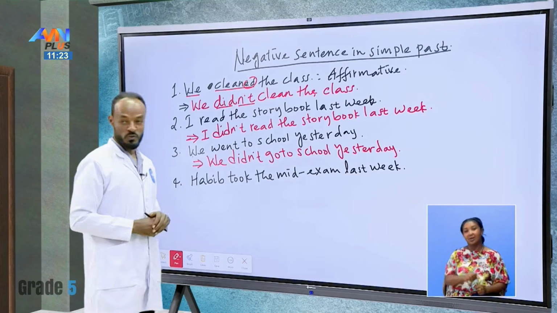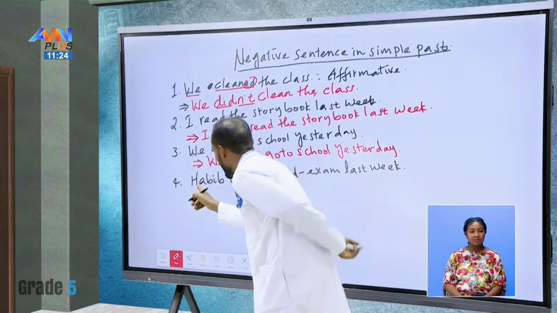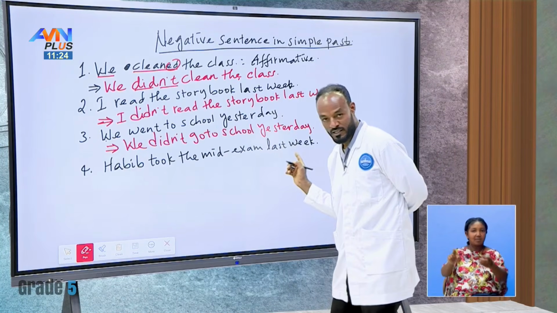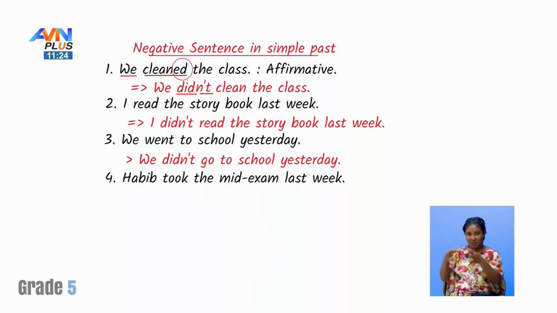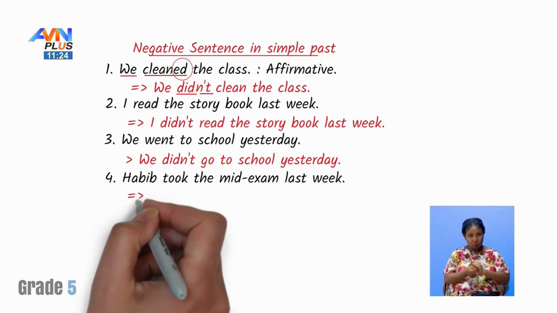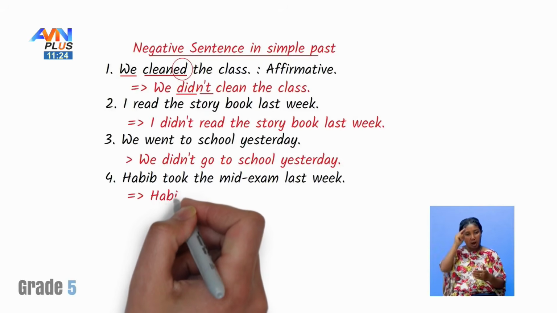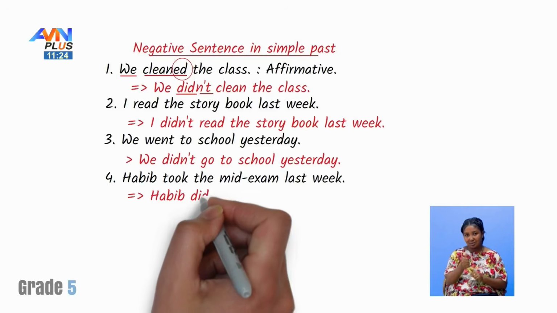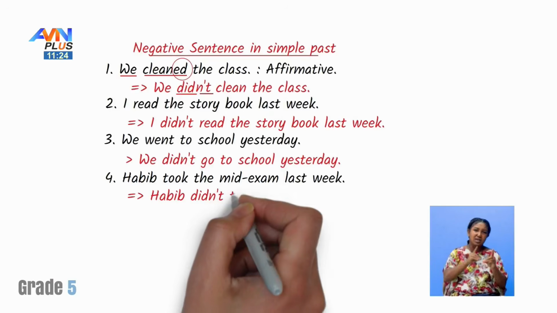What about the fourth one? Here, Habib took the mid-exam last week. This one is affirmative, okay? Now we will change into negative. So Habib should be written here. Habib then didn't. Don't worry about the subject. We can use did with any subject. Is it clear?